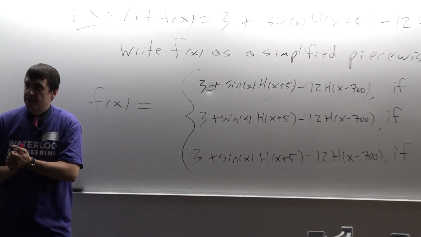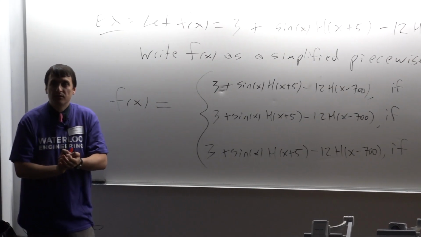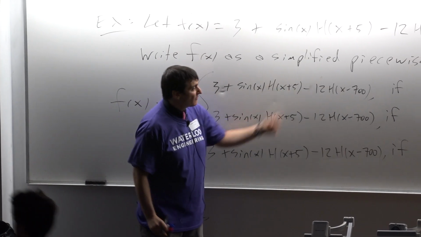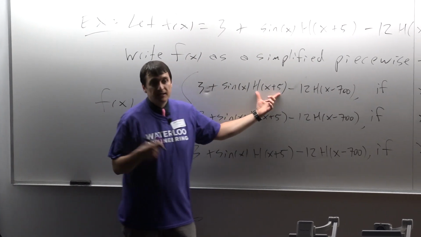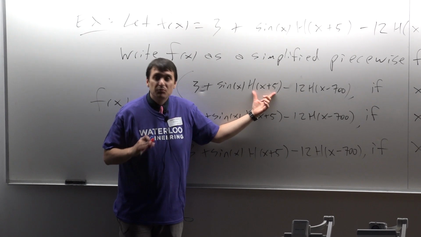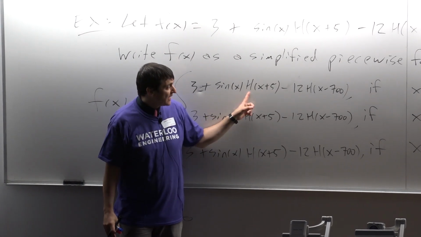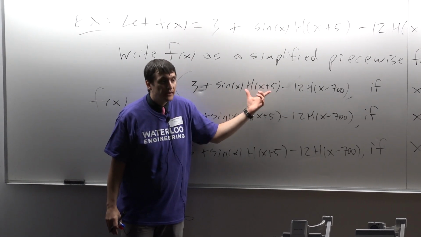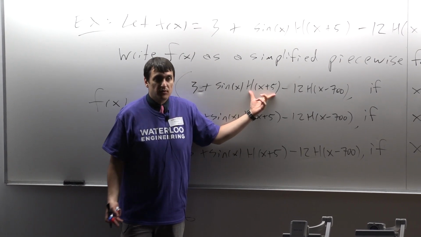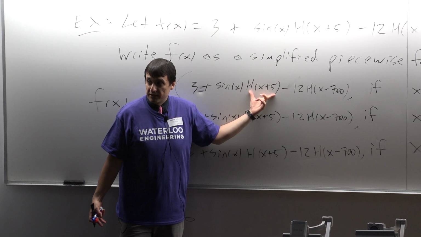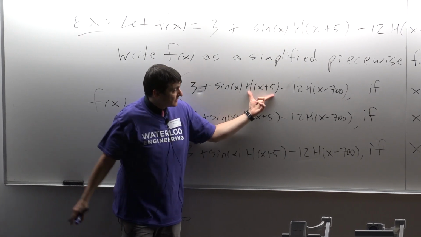Remember at the beginning of the lecture I said, it doesn't matter what you plug into this function, x plus 5 or x minus 700 or whatever it is, h of anything is just a 0 or 1. It is not any more intimidating than that. Even though it's h of x plus 5, it looks very complex. Like I said before, this is really just a 0 or a 1 depending on where x is. This whole expression that I now have my hand extending over.